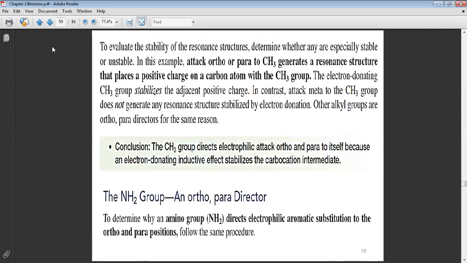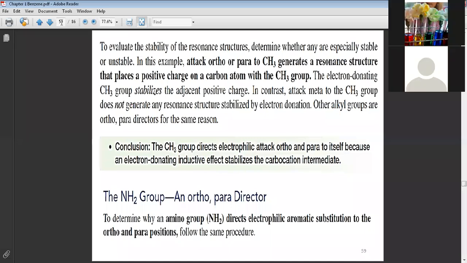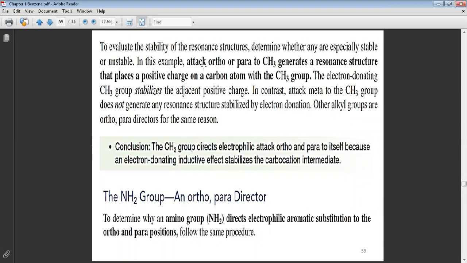Now, again, to evaluate the stability of the resonance structures, determine whether any are especially stable or unstable. Look at all the resonance structures: which will be stable and which will be less stable than the others. He said here, in this example, attack ortho and para to the CH3 generates a resonance structure that places a positive charge on the carbon atom with the CH3 group.